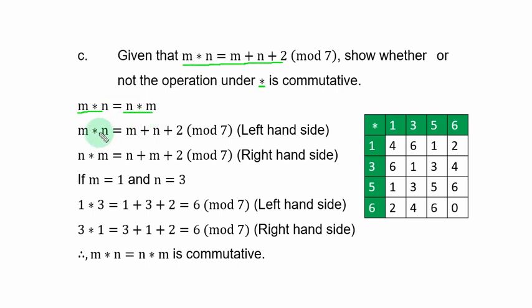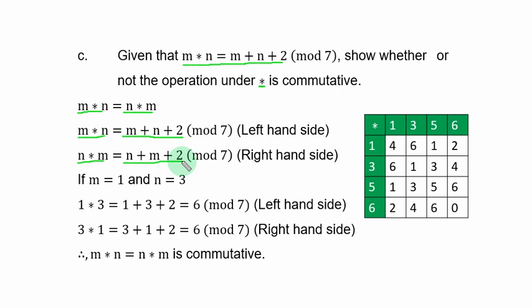The left hand side is m asterisk n and is equal to m plus n plus 2 modulo 7. The right hand side is n asterisk m. This then means n, the one that comes first now, plus m plus 2 modulo 7. That is the right hand side.